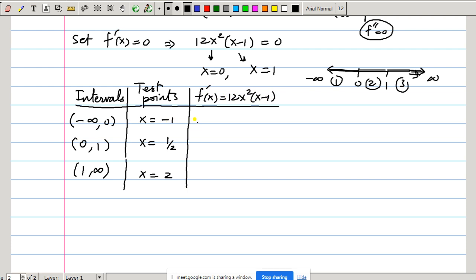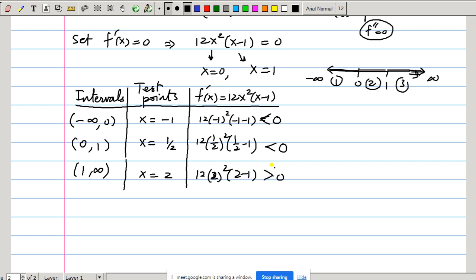If I put x equal to minus 1 here, it gives me 12 into minus 1 squared, into minus 1 minus 1. So this will become negative, minus 24. So this is negative, less than 0. Now at 1/2, it is 1/2 squared, and 1/2 minus 1. This is again negative. And if you do the third one, that will become positive, 2 minus 1. So this is positive.